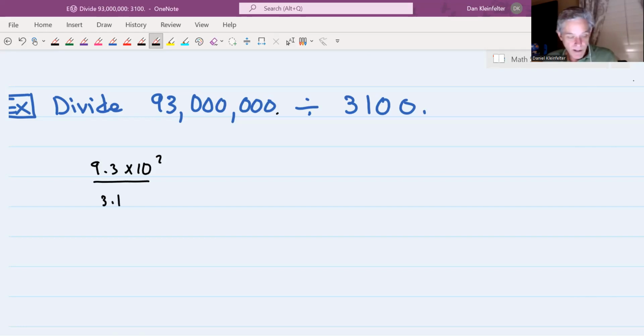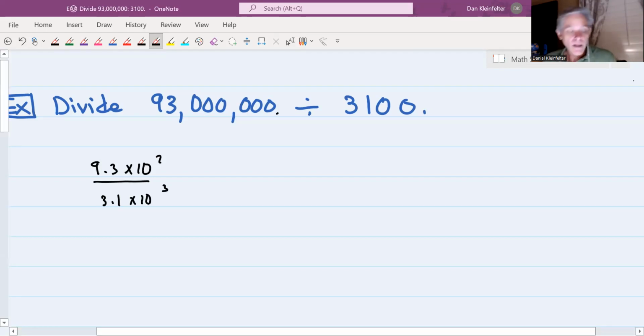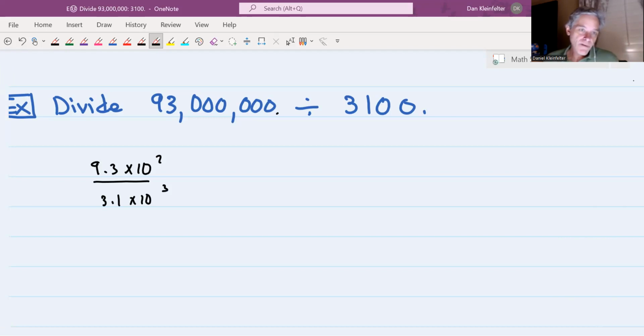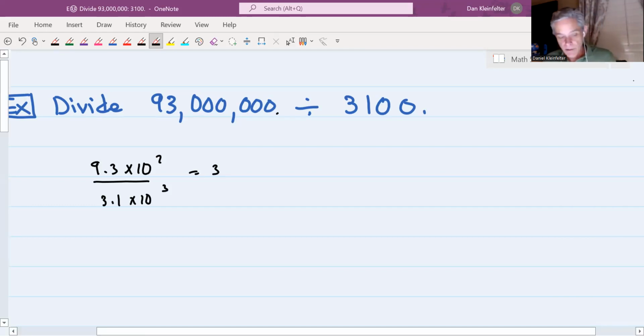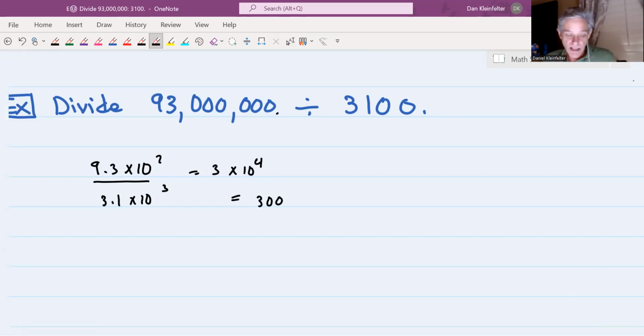That's 3.1 times 10 raised to the 1, 2, 3 power. Okay, now we can divide: 9.3 divided by 3.1 is going to be 3. And then 10 to the 7th divided by 10 cubed, that's 10 to the 4th power. But we can change that back. That will be 30,000. 1, 2, 3, 4 places. So that would be 30,000.